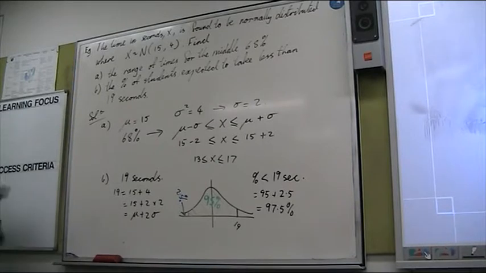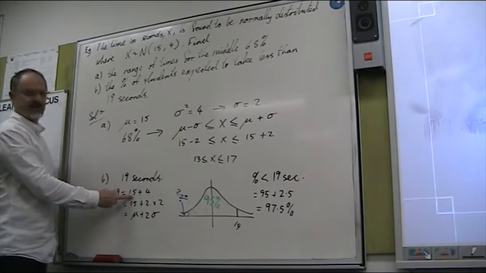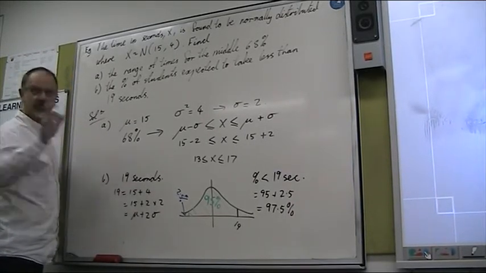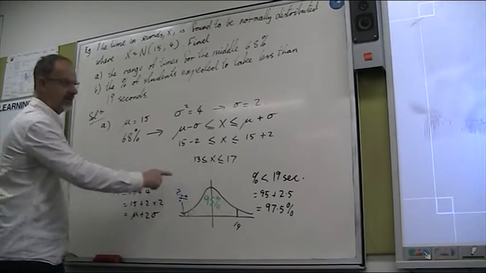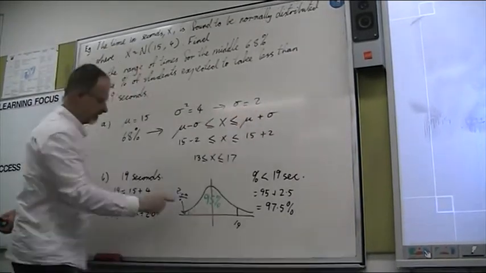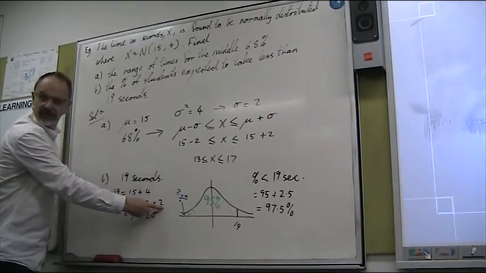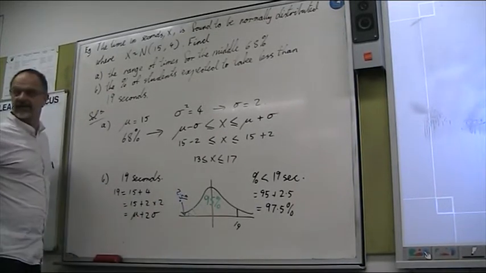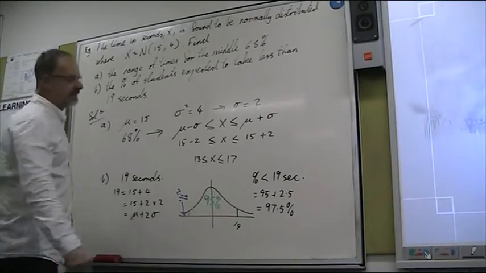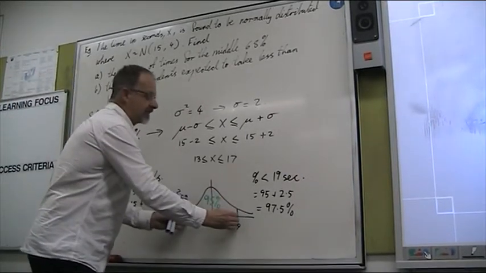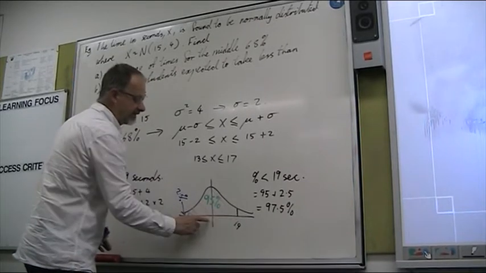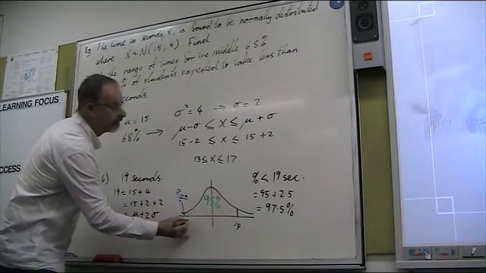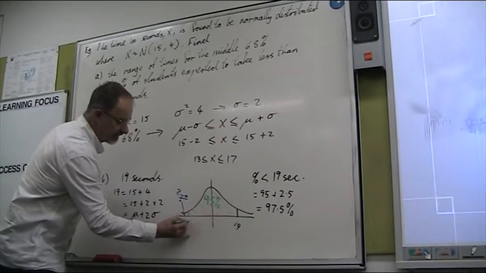So I said, how do we get 19 if our mean's 15? We've got to add 4 to it. Given that our standard deviation is 2, 4 is 2 lots of 2. So 19 is our mean plus 2 lots of our standard deviation. So therefore we know that between that 19 there, 2 above, 2 below, that number there would be 15 minus 4, so that would be 11.